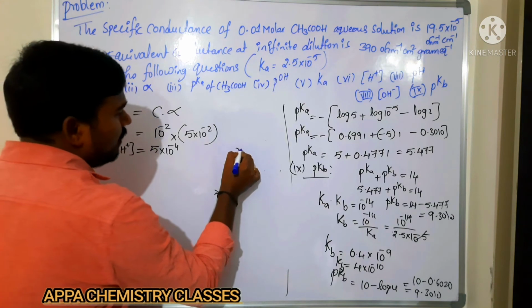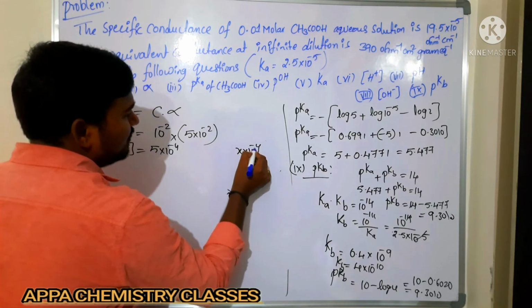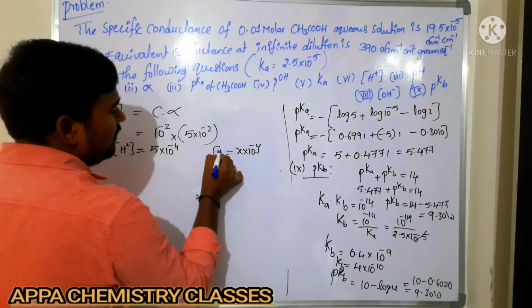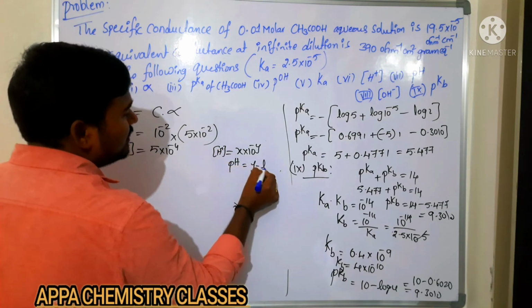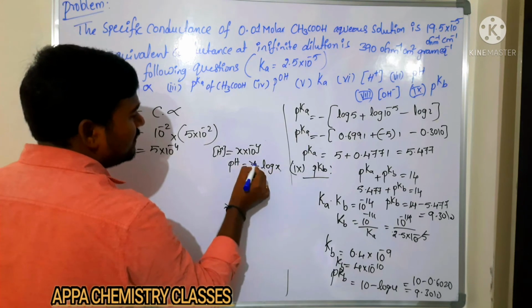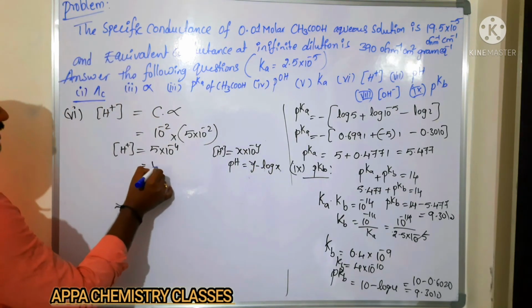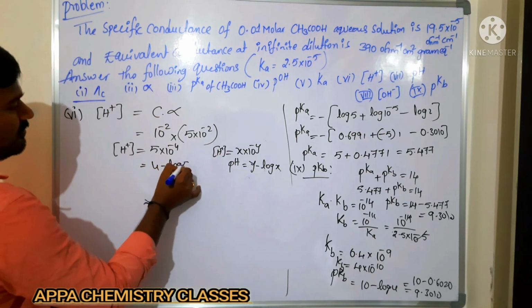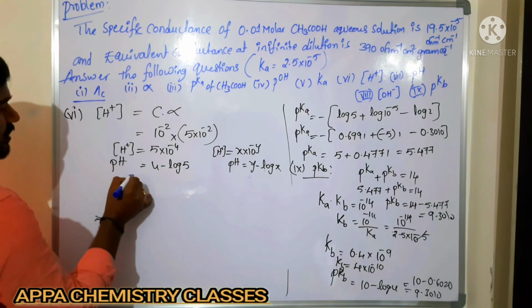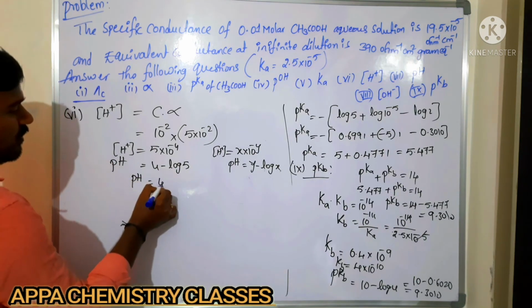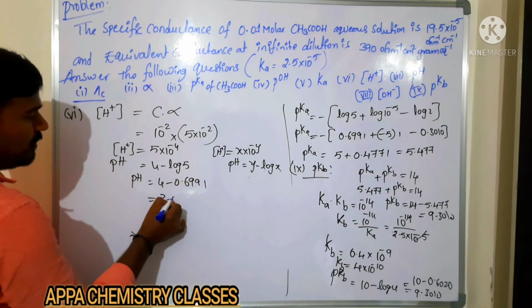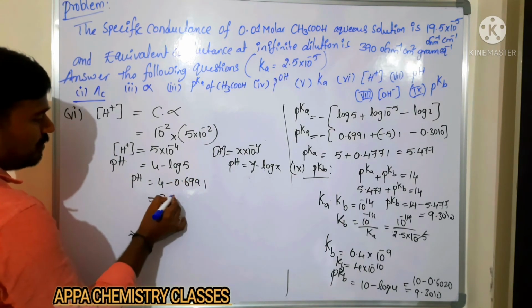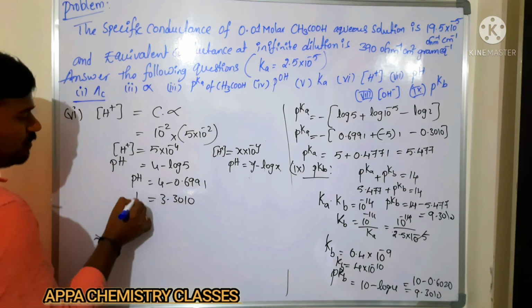Now whenever we have H plus ion like this, x into 10 power minus y, its pH will be y minus log x. So that is 4 minus log 5, pH is equal to 4 minus 0.6991, that is 3.3010 pH.